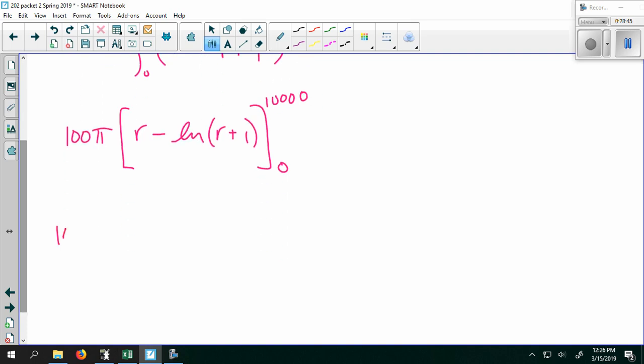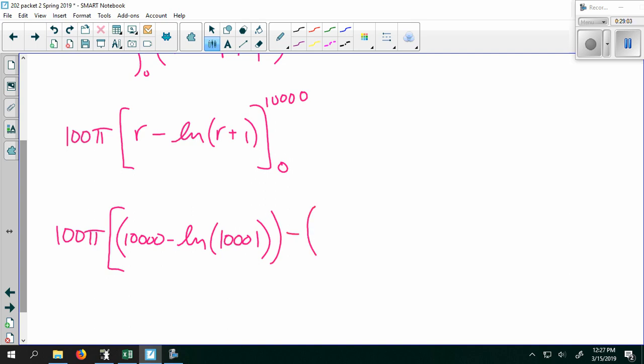So I have 100 pi times, when I plug in 10,000, I have 10,000 minus the ln of 10,001 minus, when I plug in 0, I get 0 minus the ln of 1. And I'm going to have a calculator evaluate all this for me.